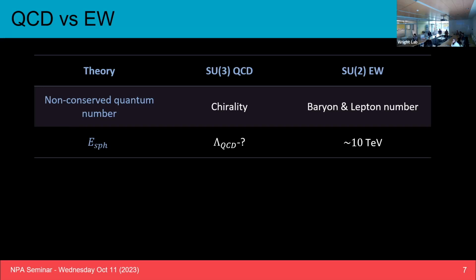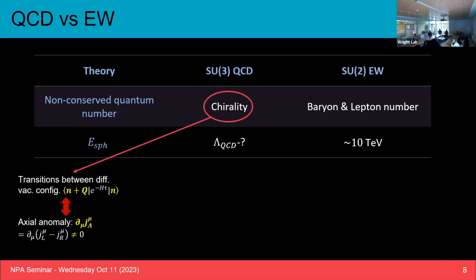So let me first talk about chirality. This is a very brief look at the connection. Basically, you look at the transition between the different vacuum configurations, and you calculate this transition amplitude.